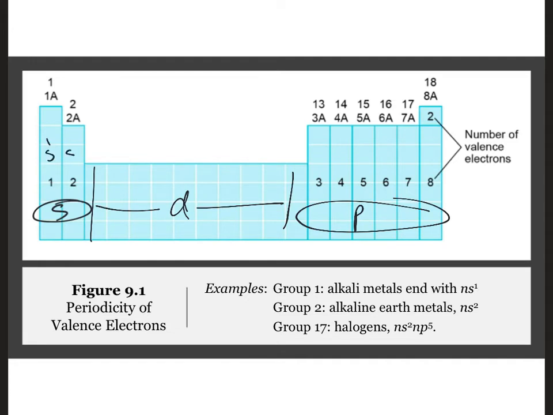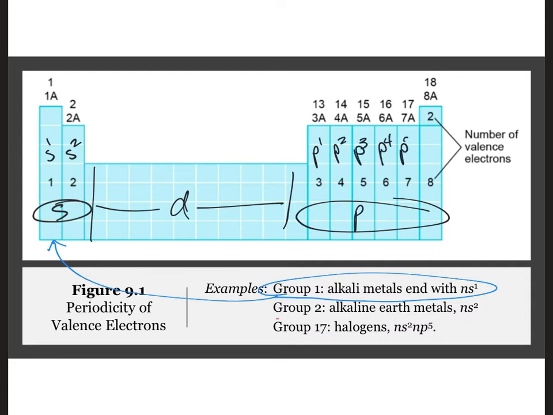For example, the group 1 alkali metals will always end with ns1 and behave in a chemically similar fashion, while the group 2 alkaline earth metals will end in ns2. The main group elements, namely the s block and p block, all follow the rules this way. We can jump over the d block, for now, to group 17, the halogens, and find their valence electrons are written as ns2 and p5.